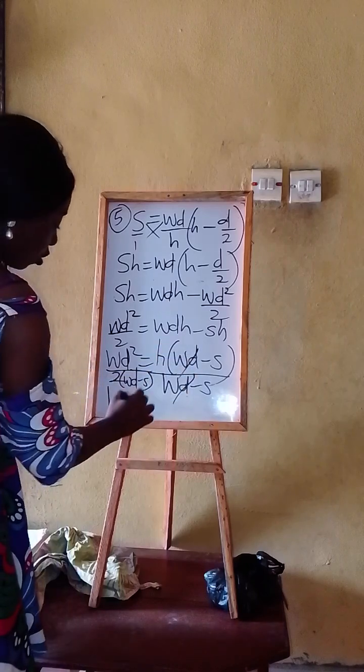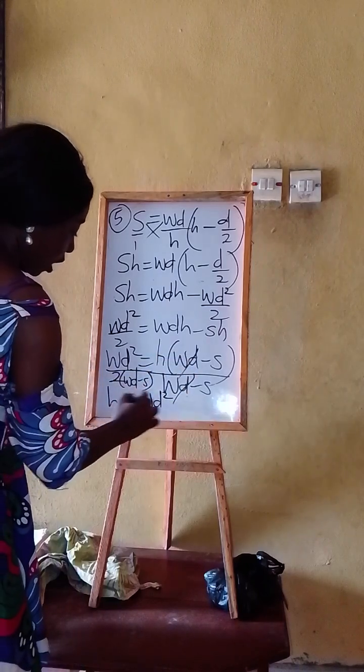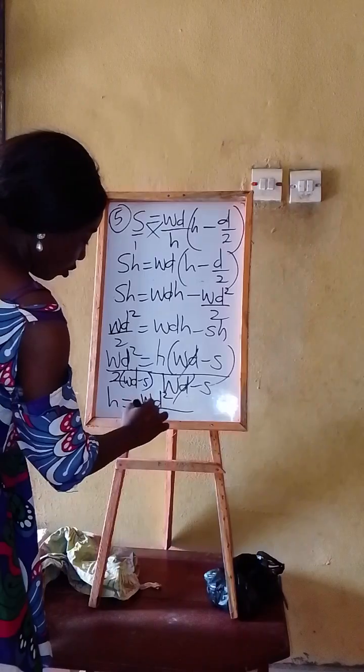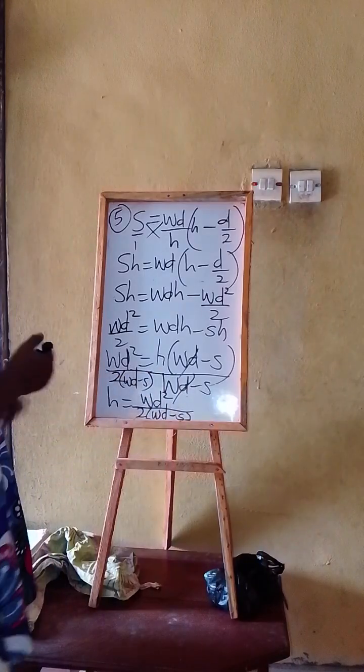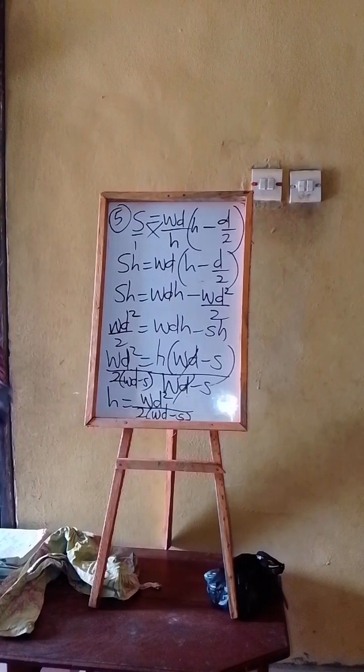So H equals WD squared over 2 into bracket WD minus S. Okay.